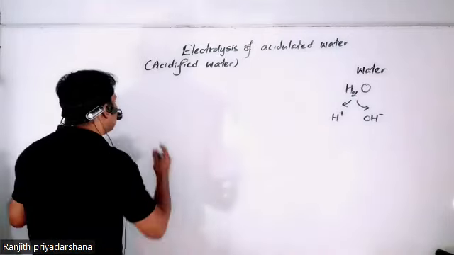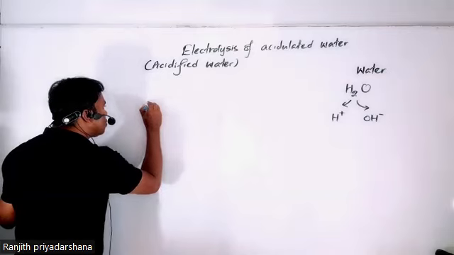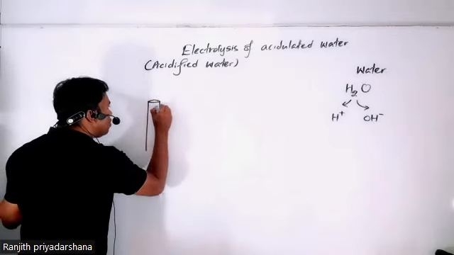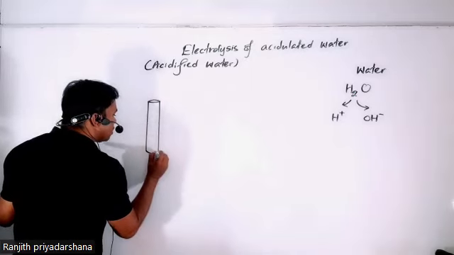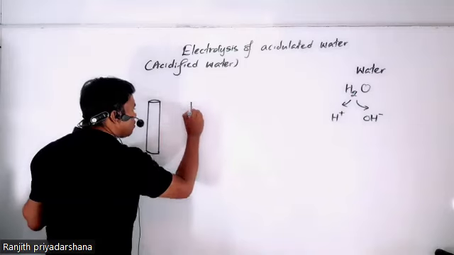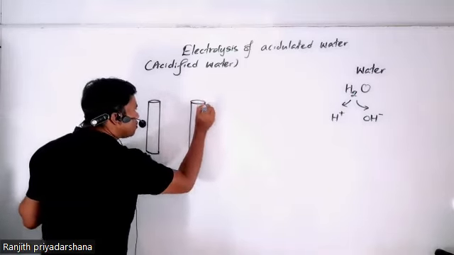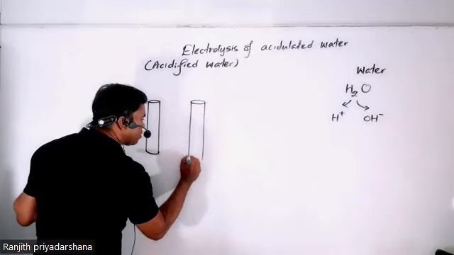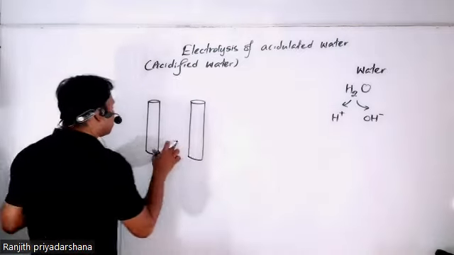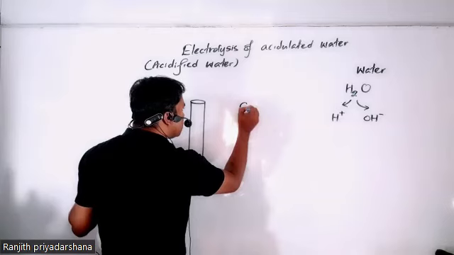So we use a setup that contains 2 electrodes. Here we use carbon electrodes. You can use whatever type of electrode, but the main requirement is not to react with the electrolyte. Actually, we use carbon. Carbon means graphite.